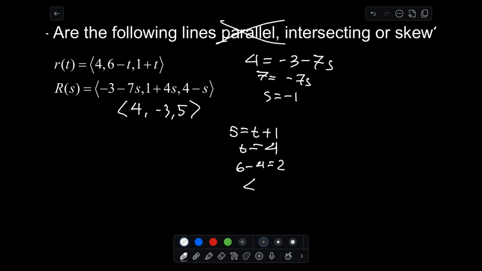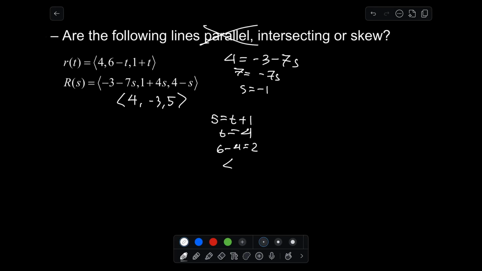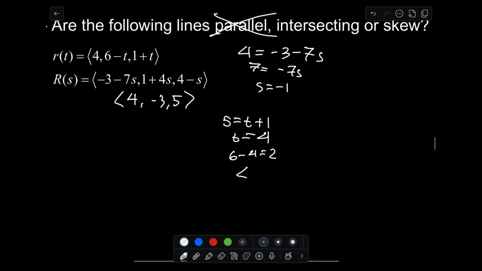Intersecting would mean that at a specific point in space, they would have the same point shared in space, right? We can look for that given our direction vectors, and we can try and solve for that.